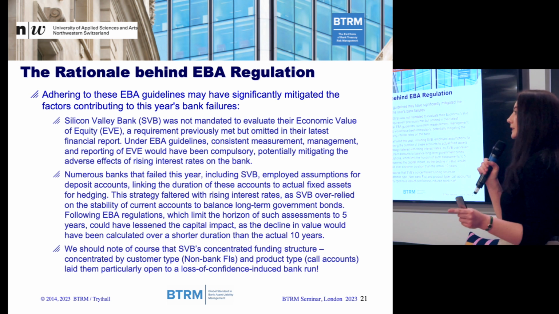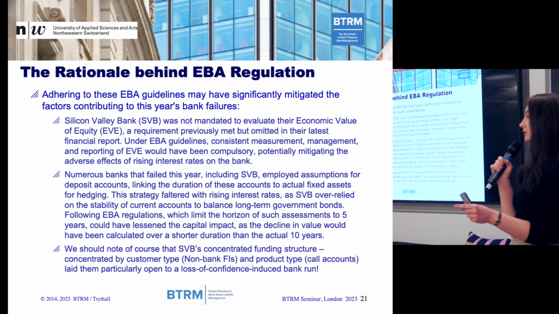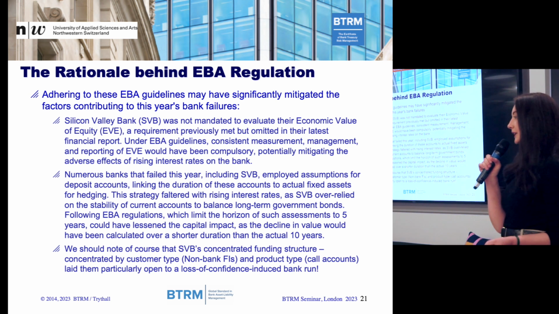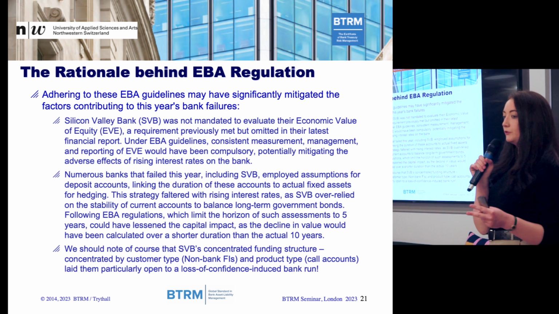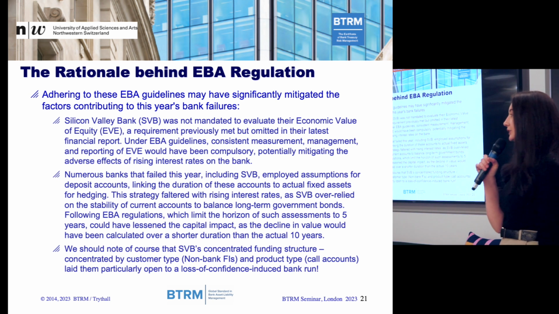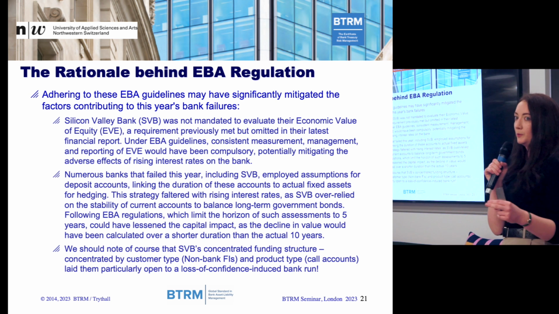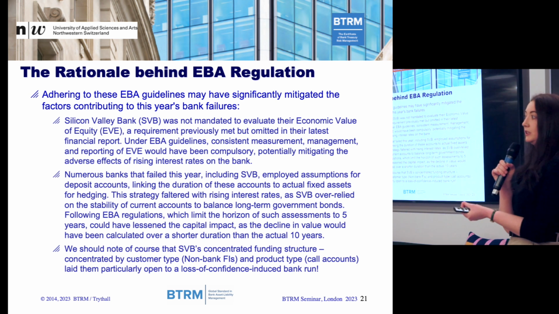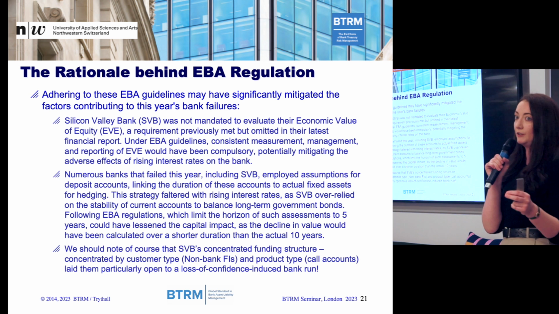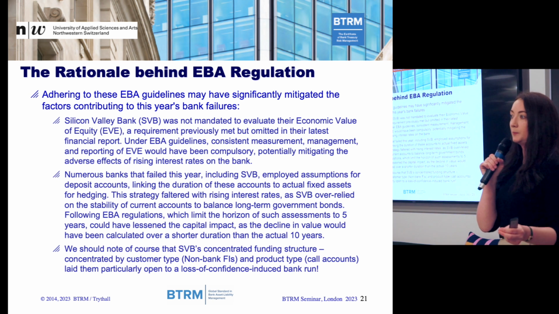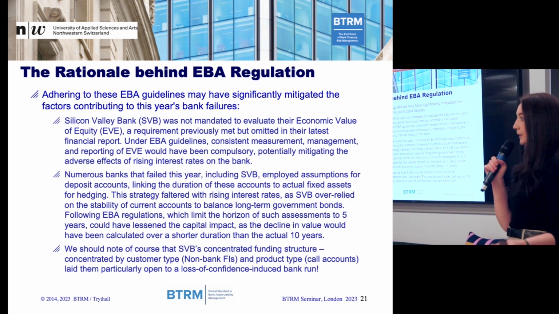And they were doing that to buy assets which yielded about 1.5%, and the average life was about 6.5, 7 years. So those assets were not hedged, but they were hedged with an assumption, which was the assumption that those current accounts are going to stay with Silicon Valley Bank forever. They're not going to increase in interest rate when rates go up.